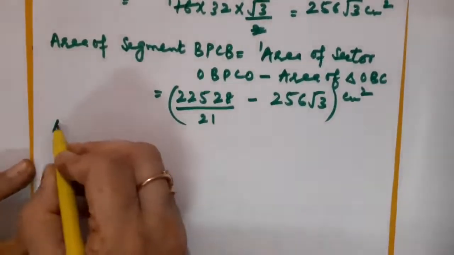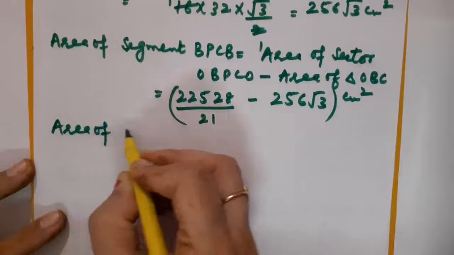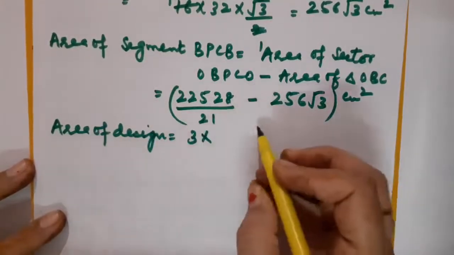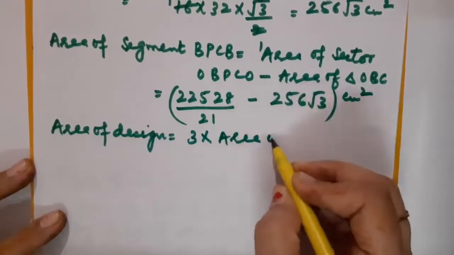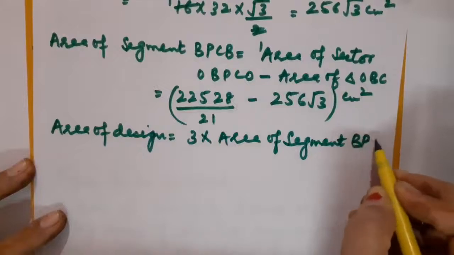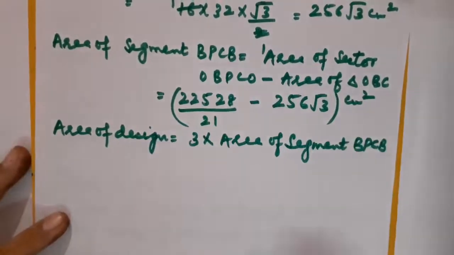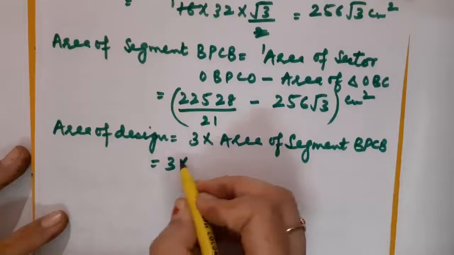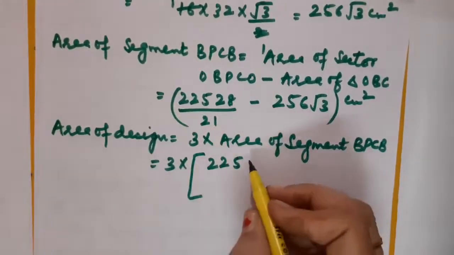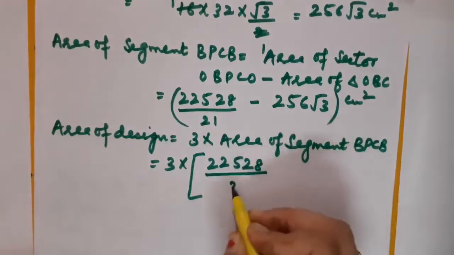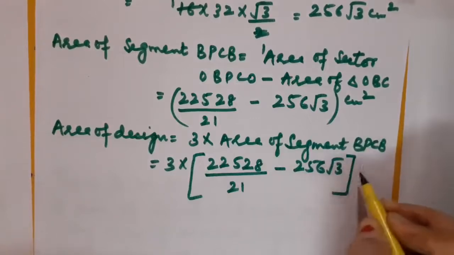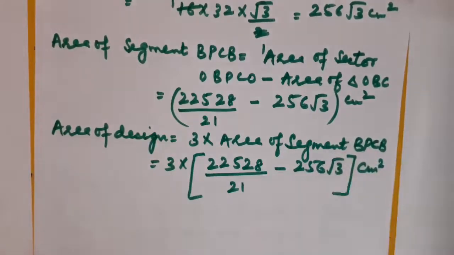So you should write area of design is equal to 3 into area of segment BPCB. Correct, students? So let us multiply it. It will become 3 into big bracket 22,528 upon 21 minus 256 root 3 and big bracket closed with centimeter square.